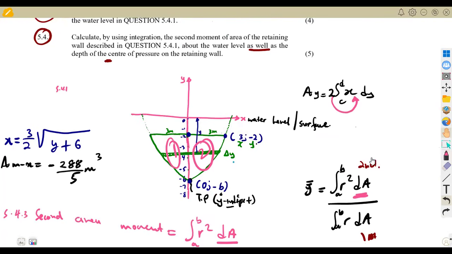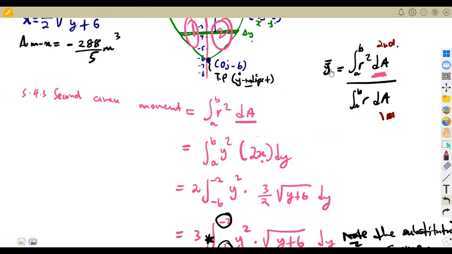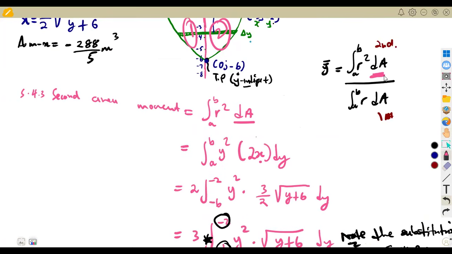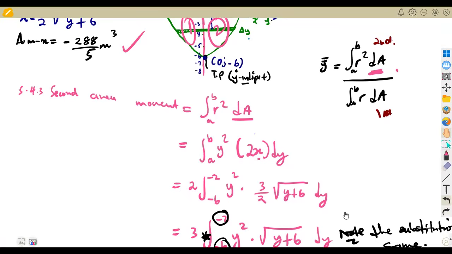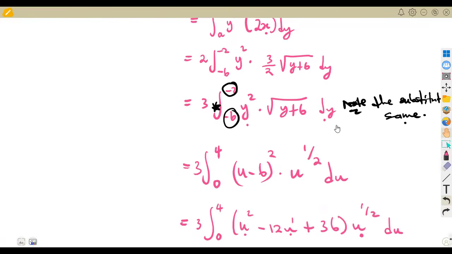The depth of center of pressure is the one that I talked about here: from our formula, it is the second area moment over the first area moment. We calculated the first area moment here, remember? For that, we got negative 288 over 5. So you're going to divide the second area moment over the first. Our second is the one that we have just calculated here.